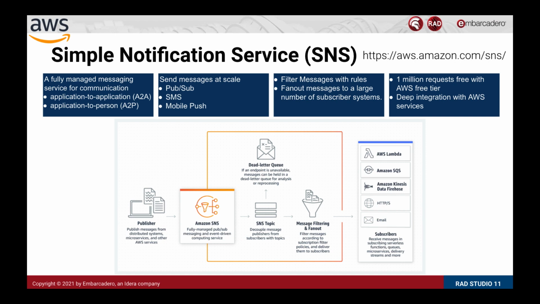But what's quite interesting about using the Simple Notification Service is that as you publish the message in and it's received into the SNS processing engine, you're able to set up a number of different topics. What you can do there is filter out messages that are relevant or not relevant, to then forward on.